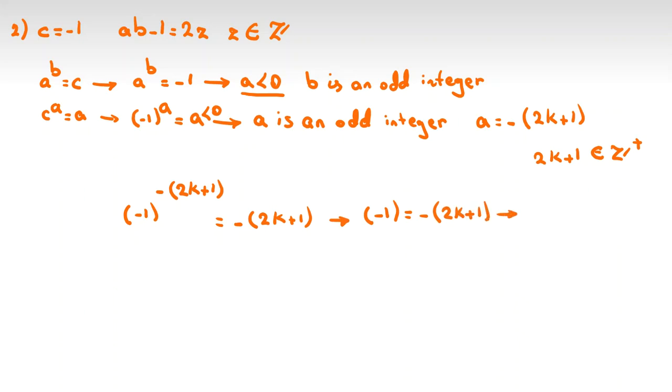So we conclude that 2k plus 1, if we multiply both sides by negative 1, is 1. So we conclude a equals negative 1.